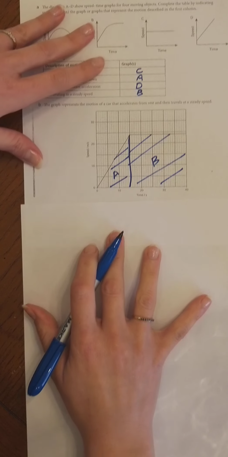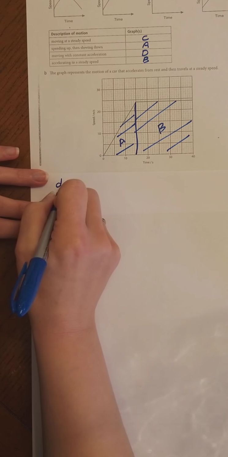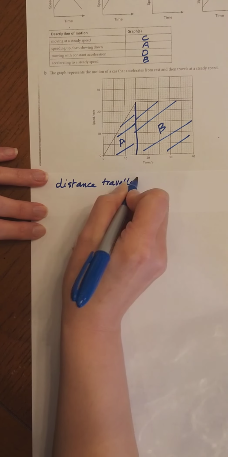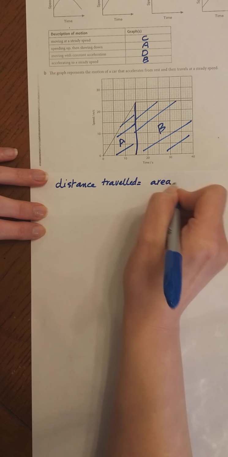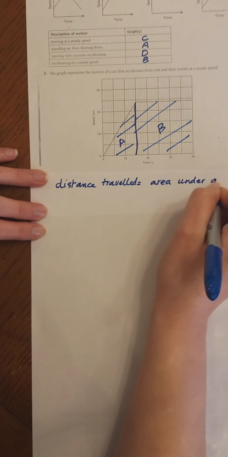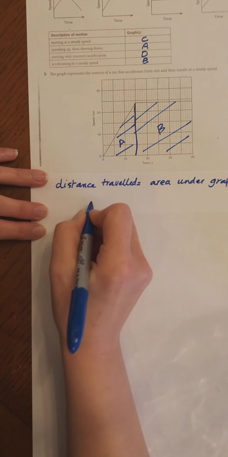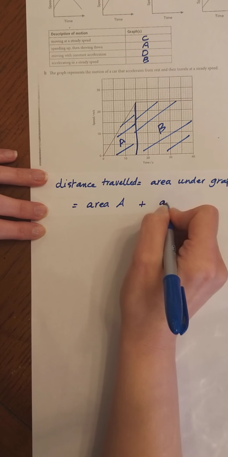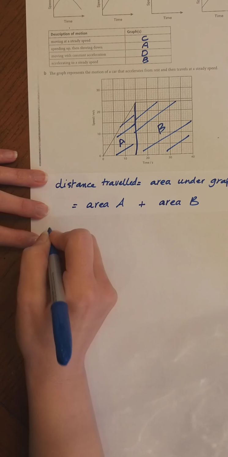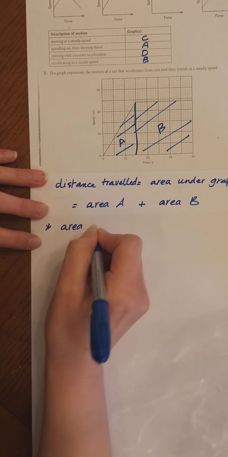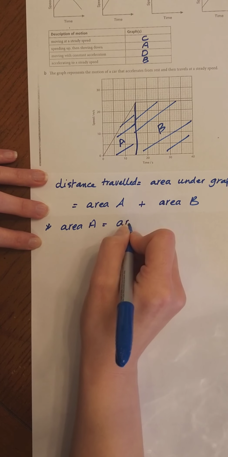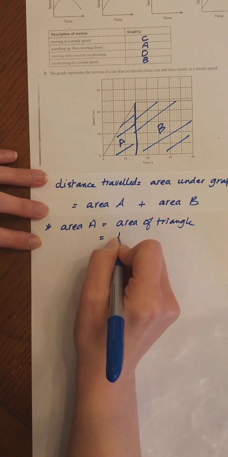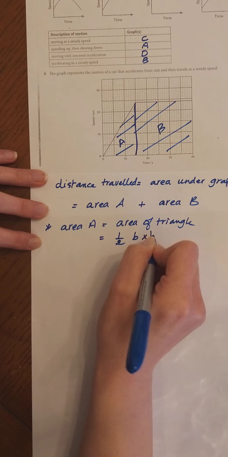So distance traveled equals area under graph. It equals area A plus area B. So area A equals area of triangle, half base by height.